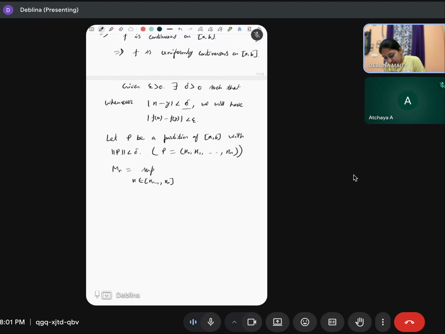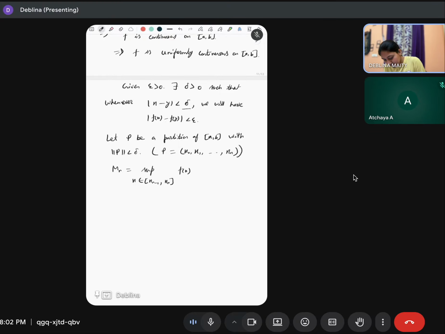So capital M_r is the supremum of f(x) over this interval x_{r-1} to x_r, right? Now since f is continuous, the extremum value will be attained, right? This means there must be a point in this interval at which the supremum occurs, since it is a continuous function.